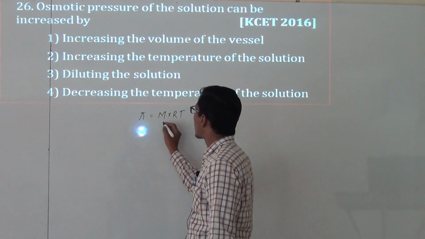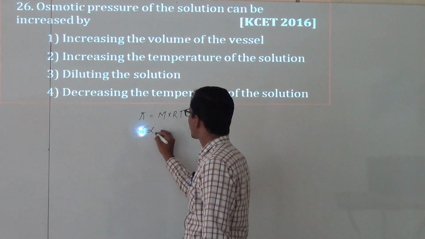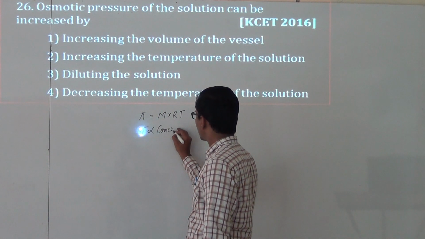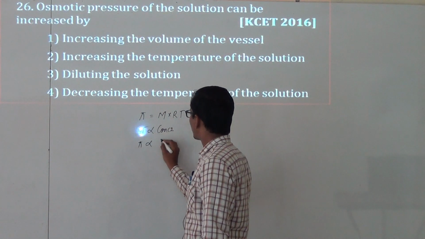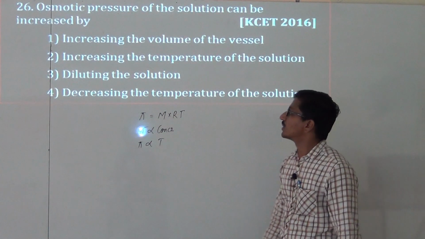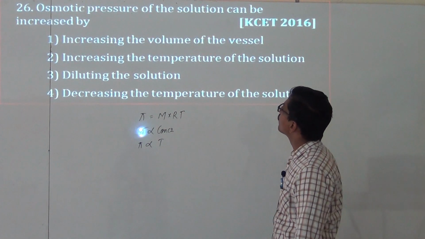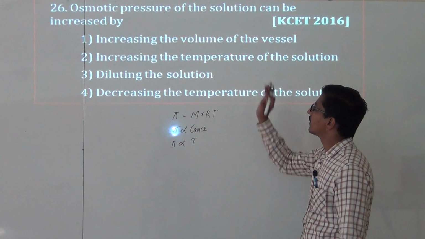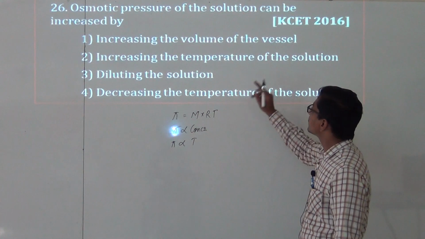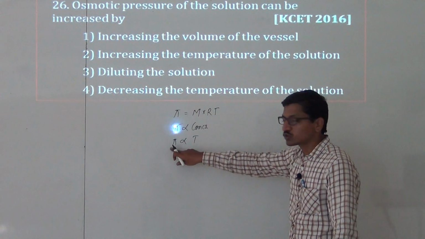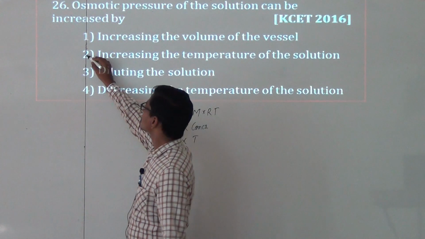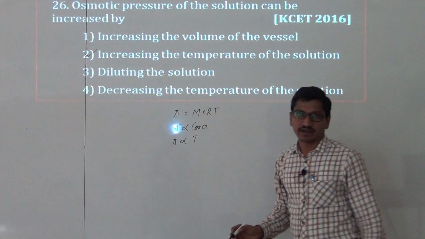C is nothing but concentration. π is directly proportional to concentration in terms of molarity, and π is directly proportional to absolute temperature. In this option, increasing the volume of the vessel, increasing the temperature of the solution. Temperature of the solution increases, osmotic pressure also increases. Second option is the correct one for this question.